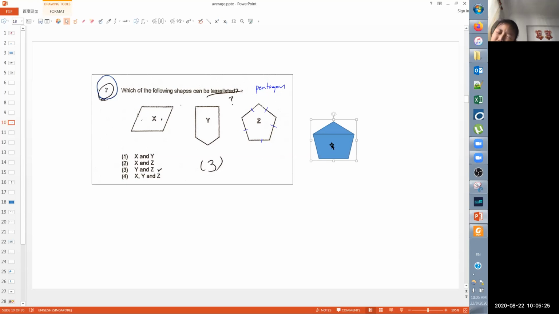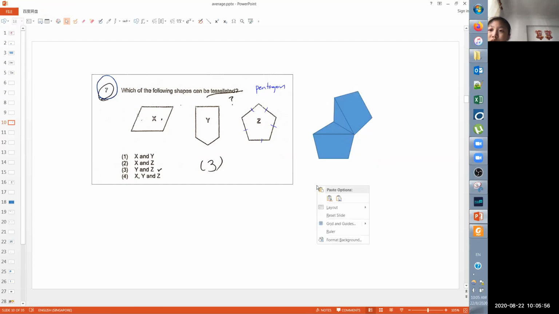So if you have this, which is Z, the tessellation will look like this. Basically, tessellation means you combine them without leaving any gap.